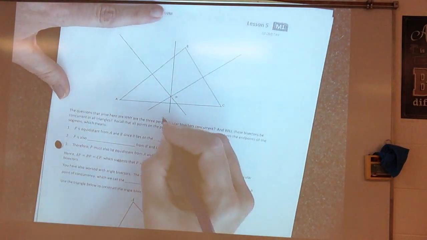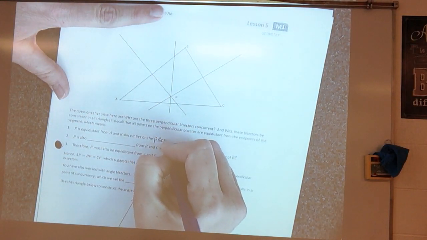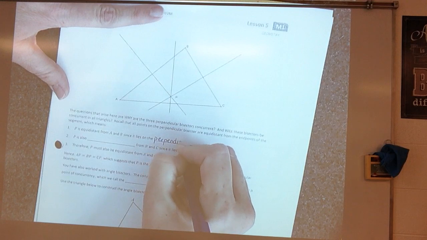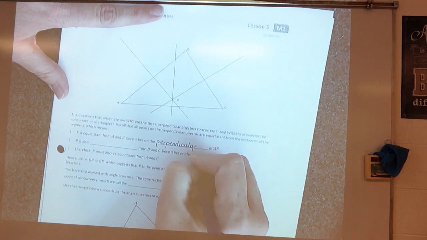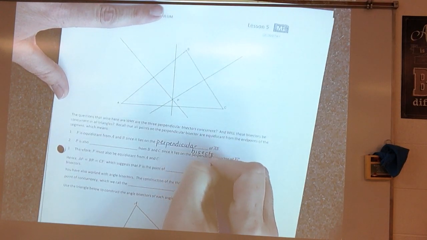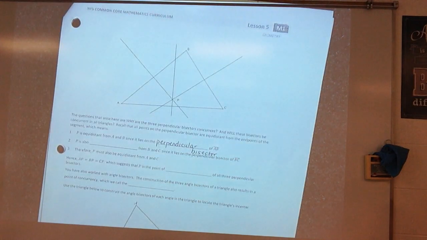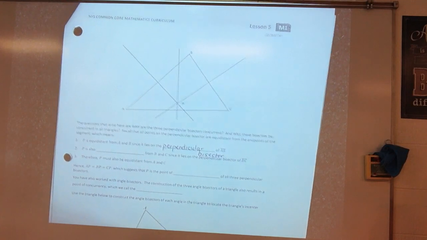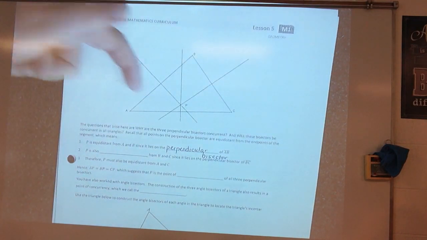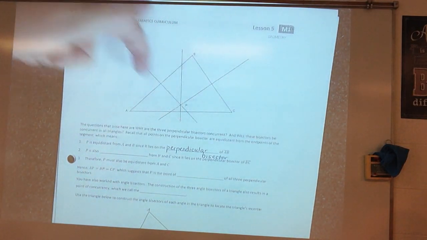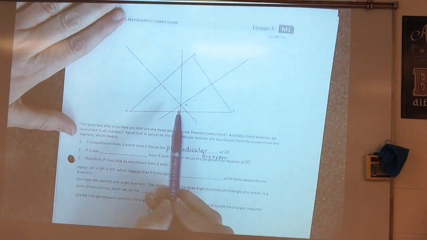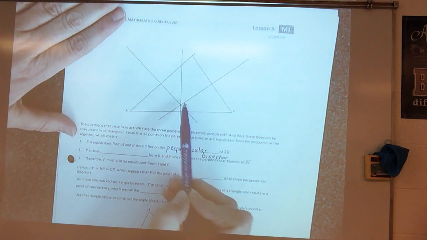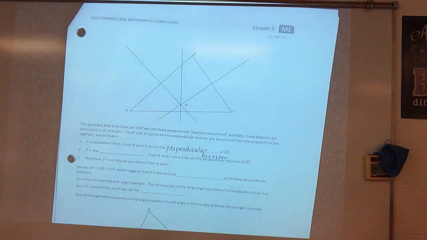It is the perpendicular bisector. Alright? So because point P lies on that perpendicular bisector, then I know it's the same distance from A as it is from B.